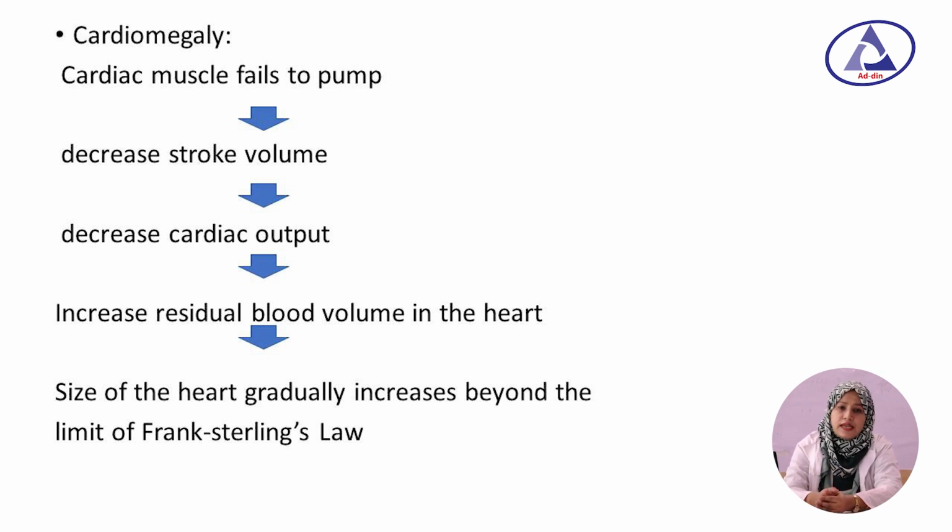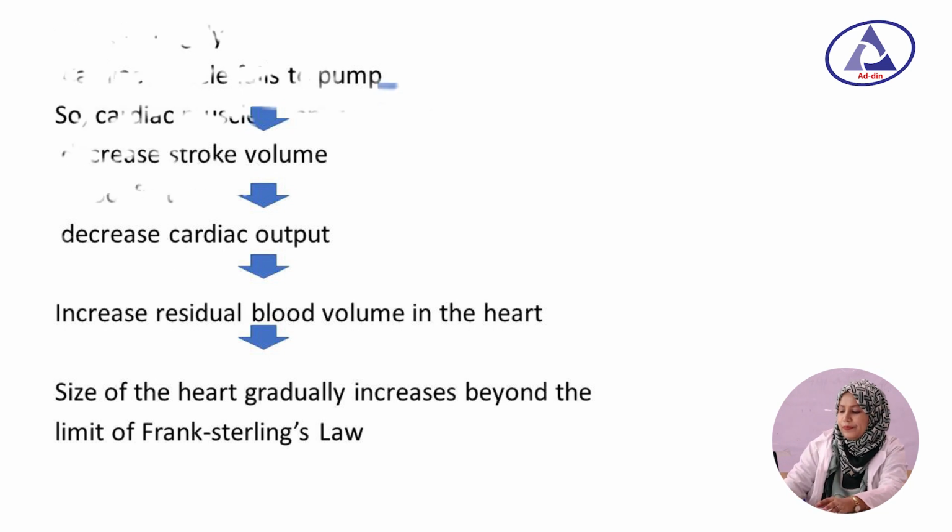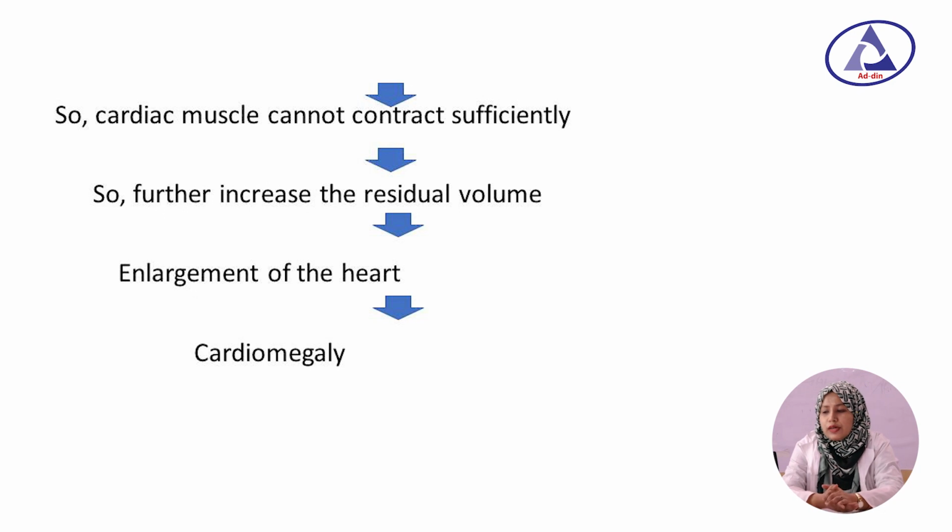The law states that within a certain limit the heart muscle contracts most, and if the heart muscle is beyond the limit of normal size, day by day it cannot pump forcefully. So the cardiac muscle cannot contract sufficiently, and further increase of the residual volume increases the size of the heart day by day, and as a result, cardiomegaly.